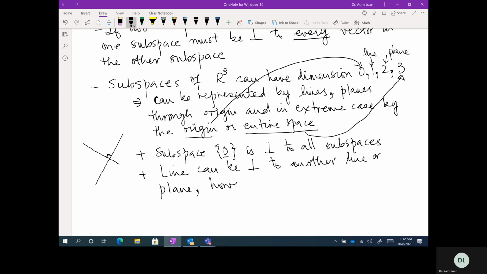However, what about if you have two planes? We know from chapter 1 and probably the first lecture that when you have two planes, they intersect, and the intersection is a line which is common to both.